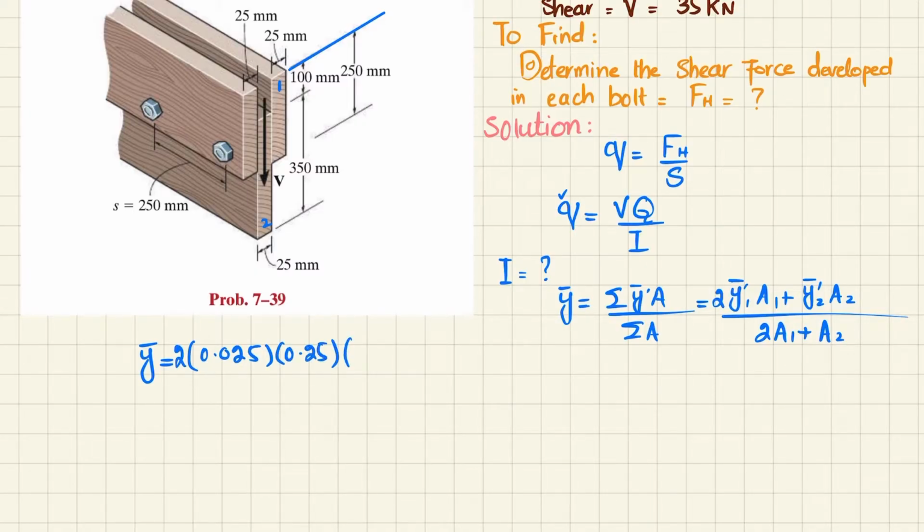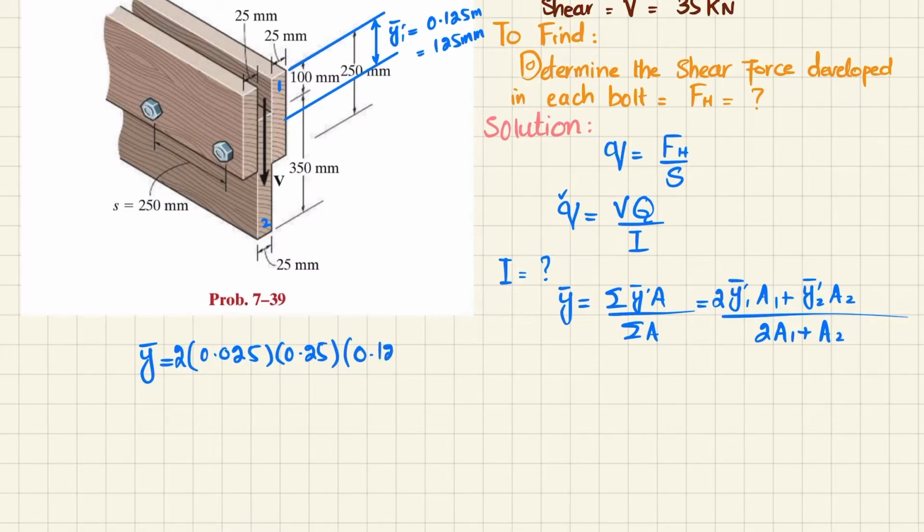And what will be y1 bar? y1 bar will be its distance from the top till the mid of this first section, and that is 250 divided by 2, which is equal to 125 millimeter, so 0.125 meter.